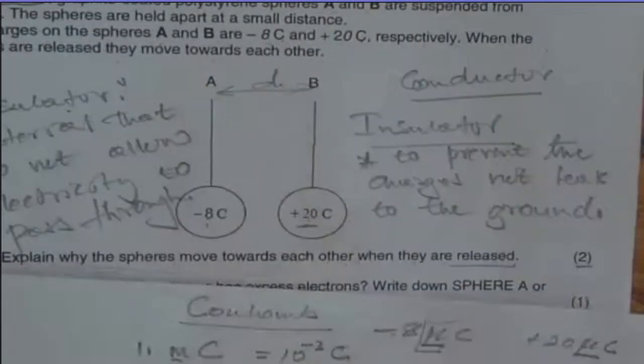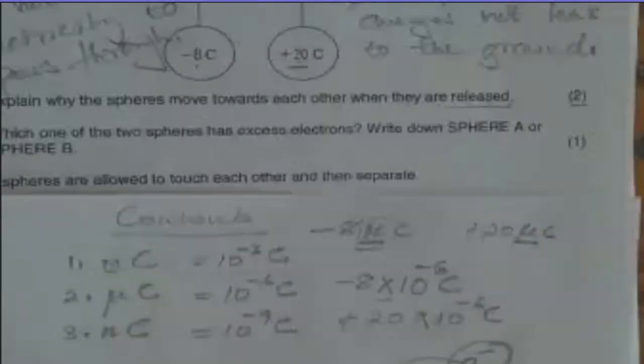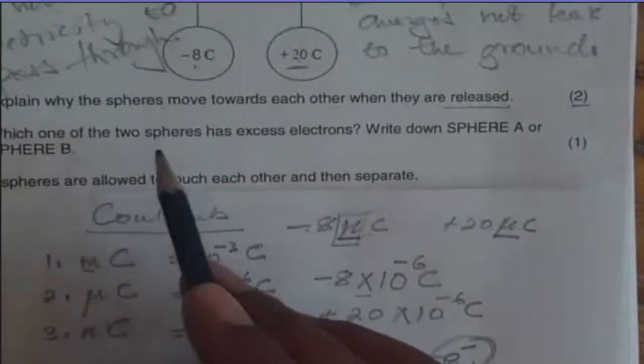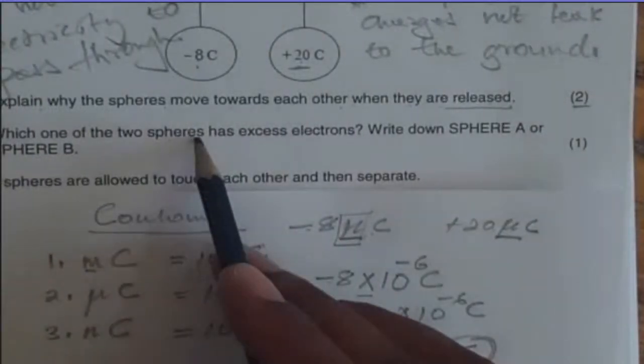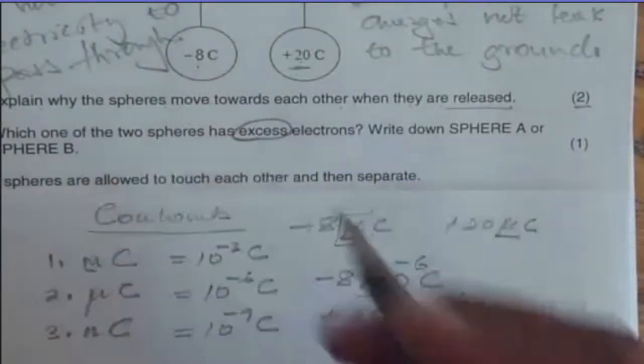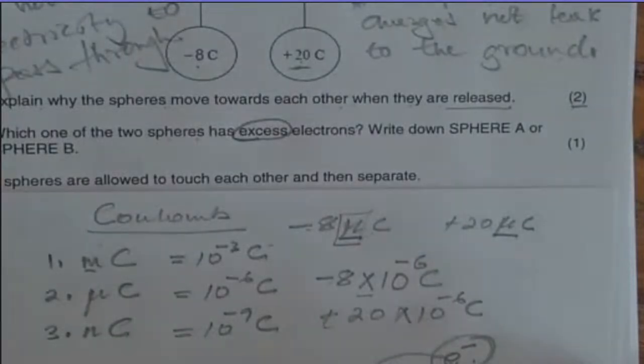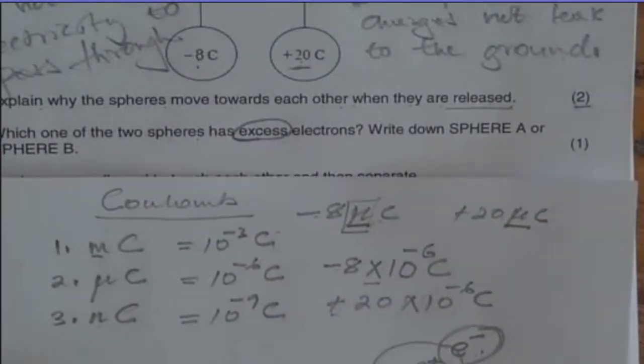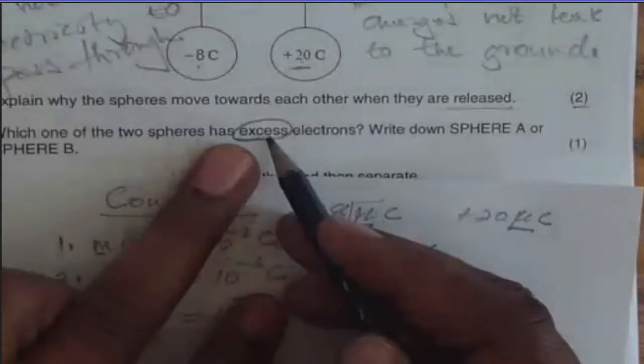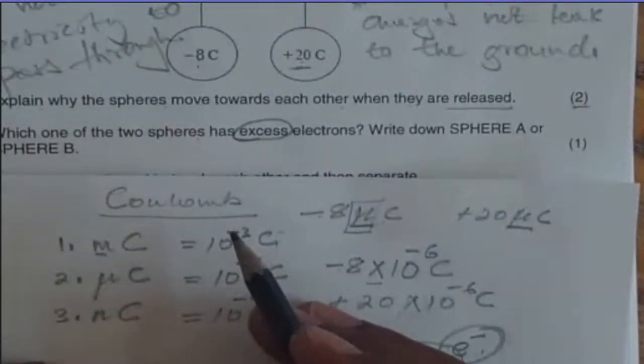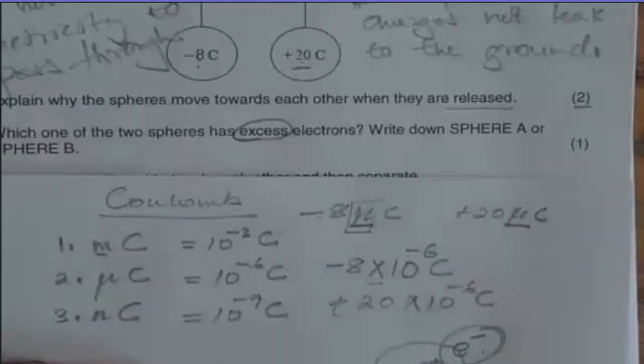All right. The next question: which one of the 2 spheres has excess electrons? What does that indicate? Has an excess of electrons simply means I'm having more electrons. Which one is having more electrons?